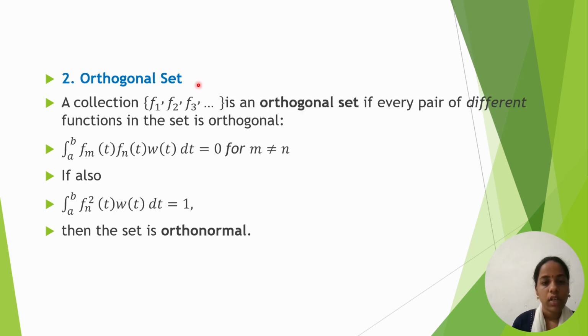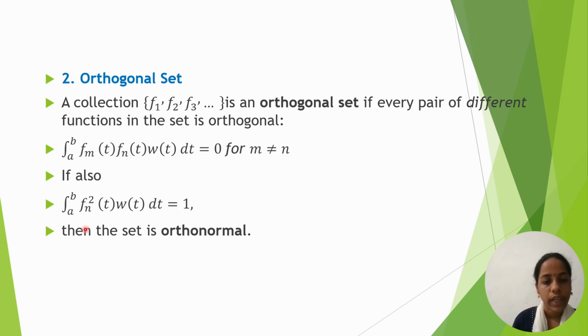Next, orthogonal set. A collection of functions f1, f2, f3 and so on is an orthogonal set if every pair of different functions in the set is orthogonal. That is, the integral from a to b of fm of t, fn of t, w of t dt equals 0 for m not equal to n.